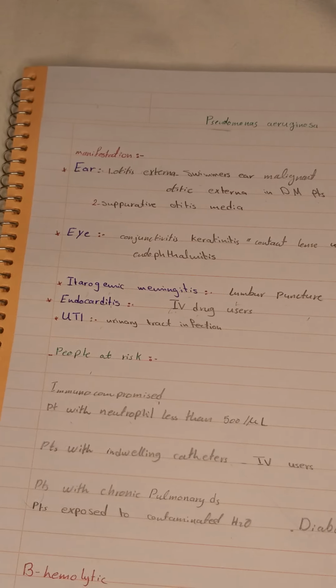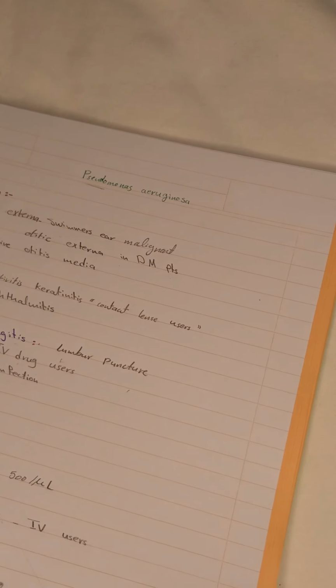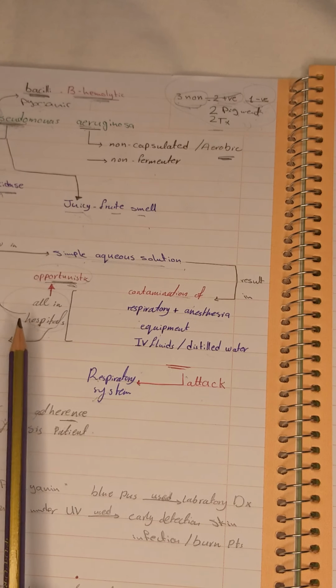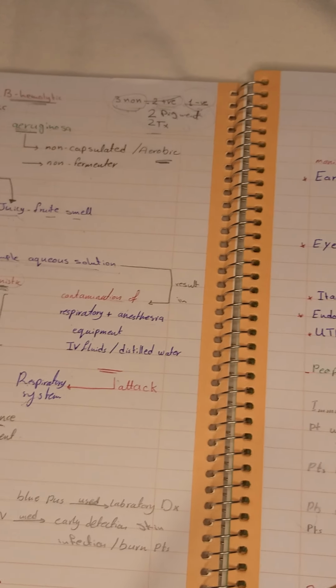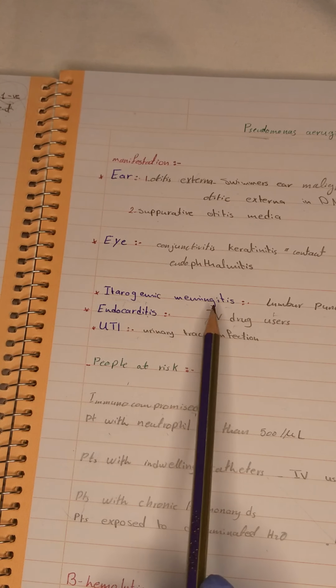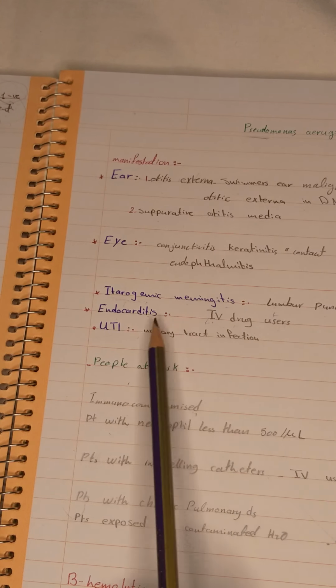Now, iatrogenic meningitis. Maybe you would think, how come? And I will tell you, as I mentioned before, it's in the hospital. So it's not very strange to come from iatrogenic reasons. Meningitis, here we have lumbar puncture; endocarditis, IV drug users, and as I mentioned, IV fluids; and UTI, urinary tract infection.